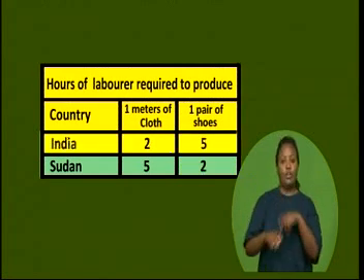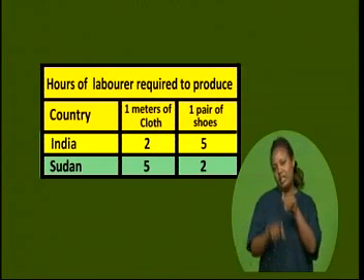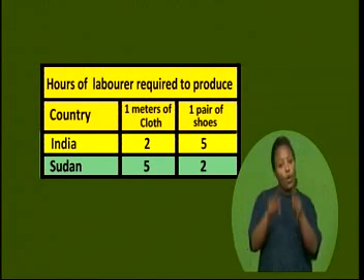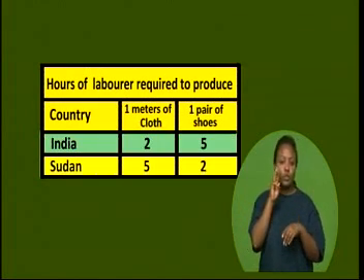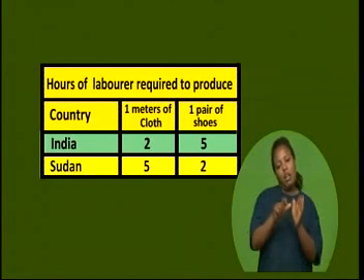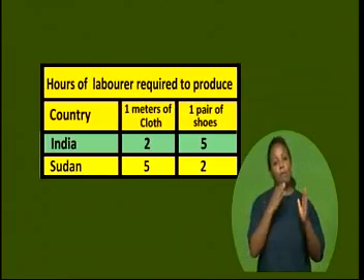Based on the figure, in India, cloth is produced at lesser time or cost when compared to shoe production, whereas in Sudan, shoes are produced at lesser time or cost when compared to cloth production.